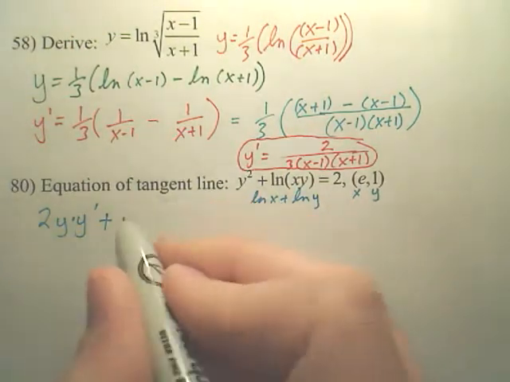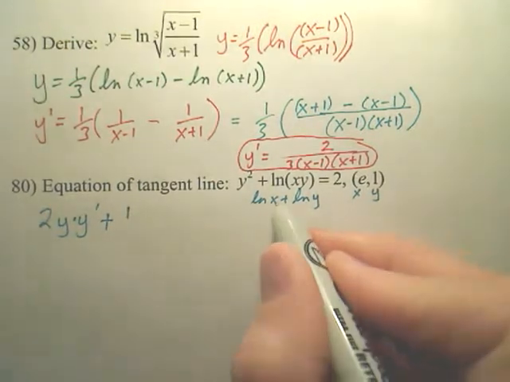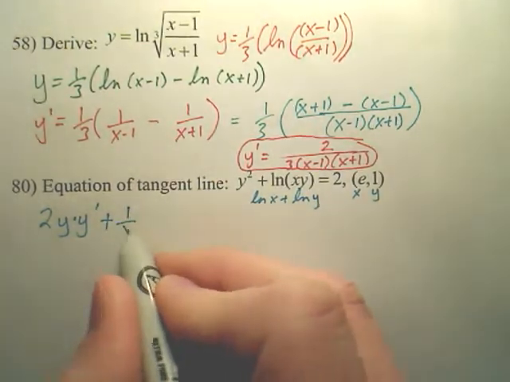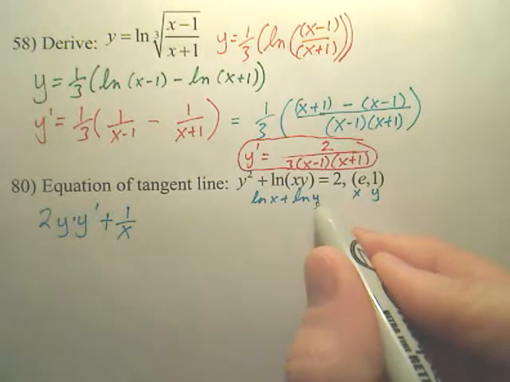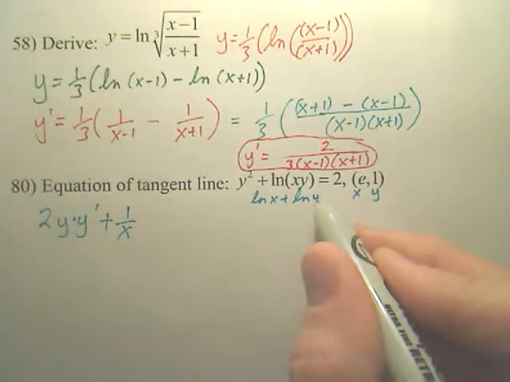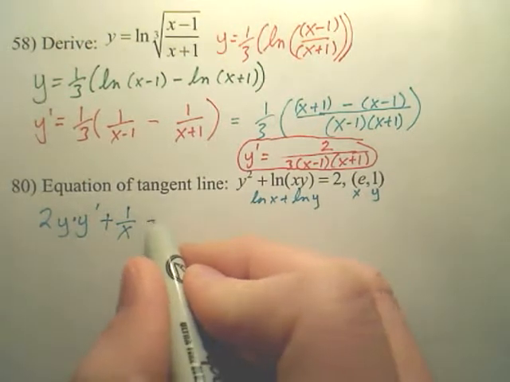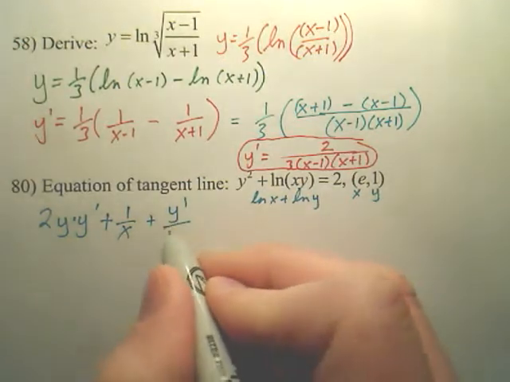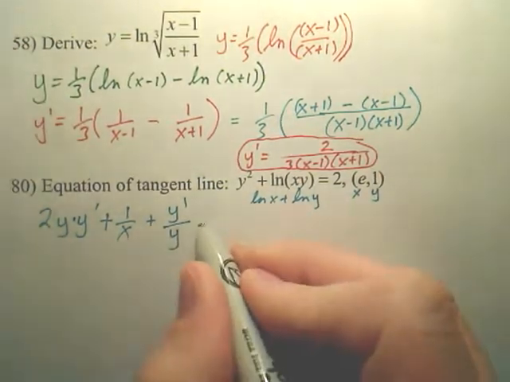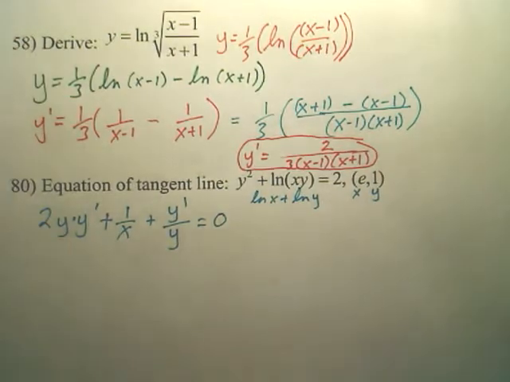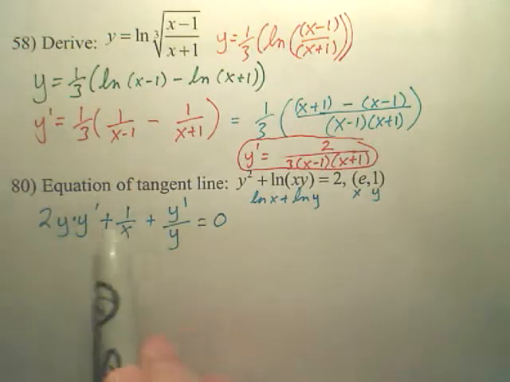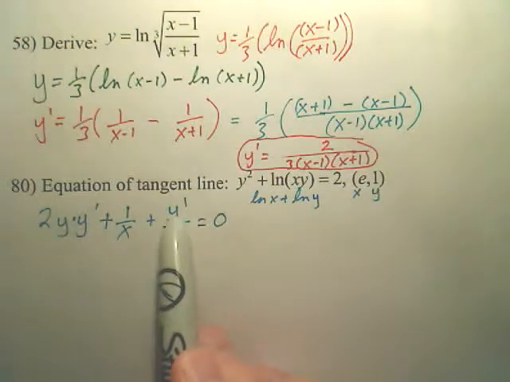The derivative of ln x is 1 over x. And the derivative of ln y is y prime over y. And the derivative of 2 is 0. So that's my derivative.